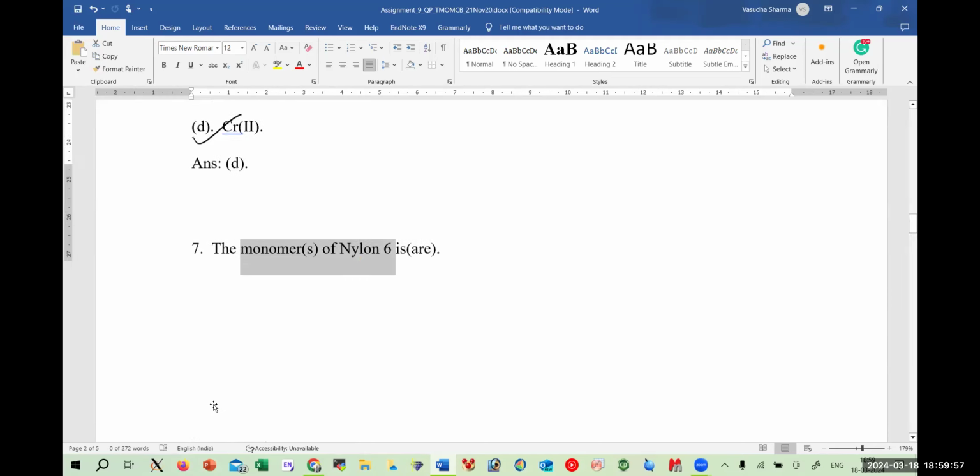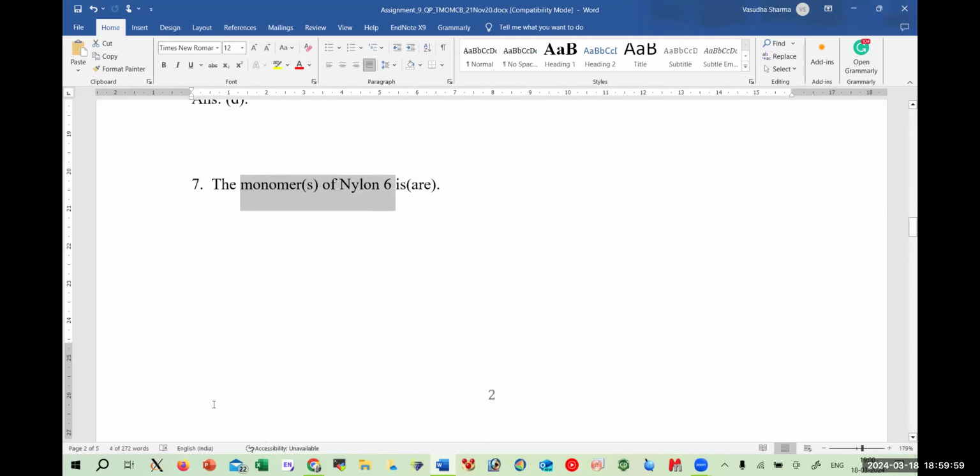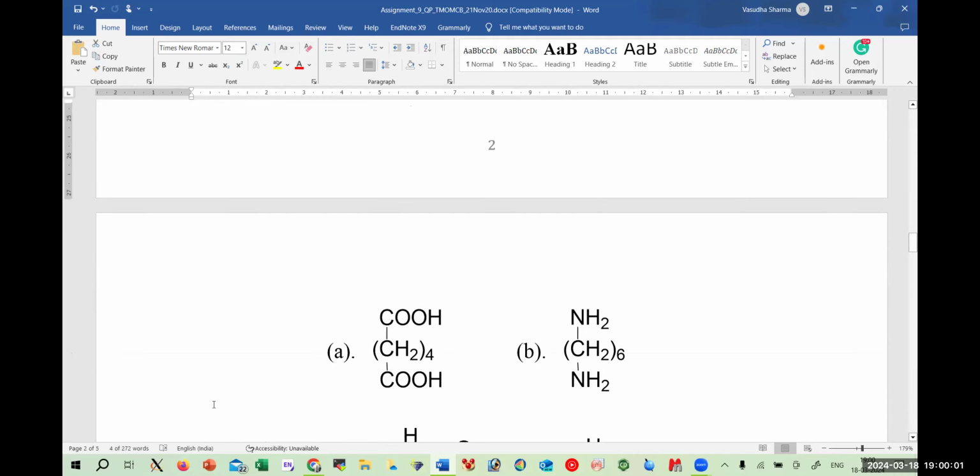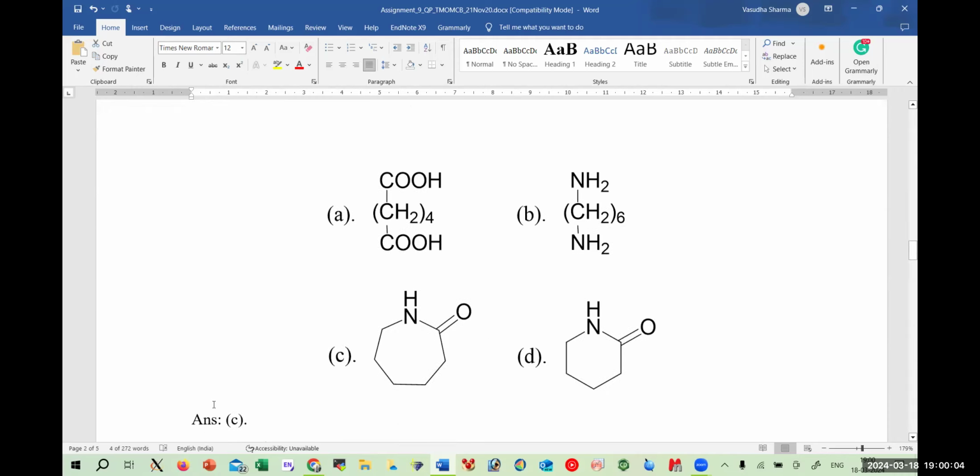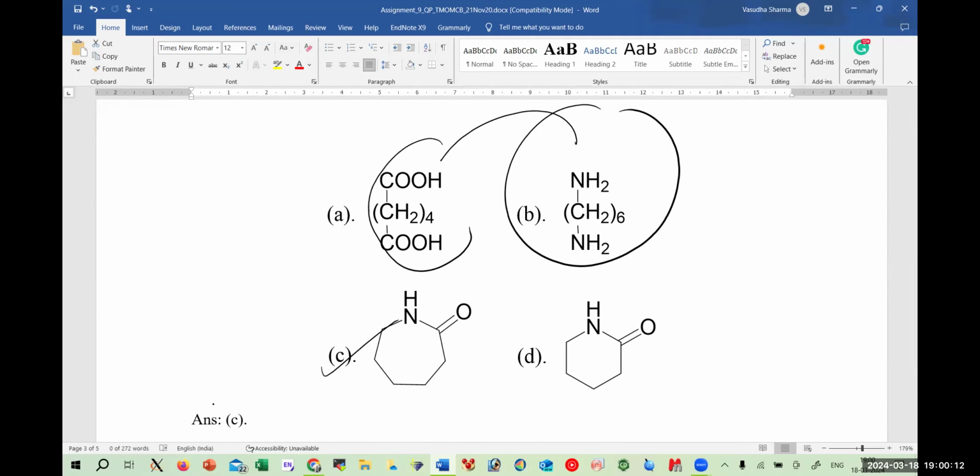The seventh question is the monomers of nylon 6. I've already told, don't get confused. The nylon 6 is this one, which comes from this monomer, which is caprolactam. And these two, adipic acid and hexamethylene diamine, form nylon 6,6.